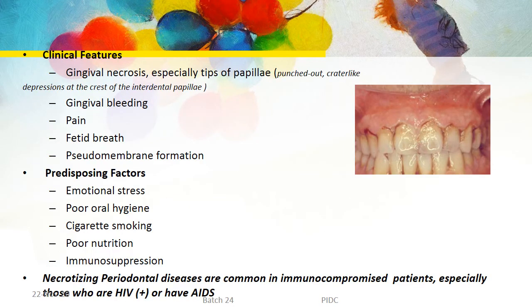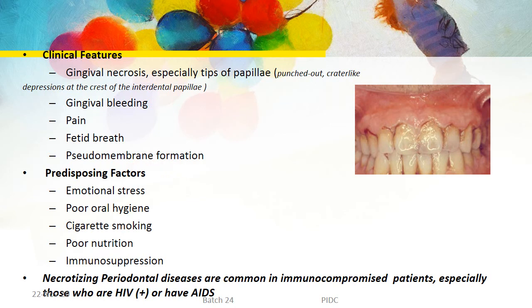Clinically, you could see gingival necrosis taking place at the tips of the interdental papillae, again to reiterate, as punched-out, crater-like depressions at the crest of the interdental papillae. There could be gingival bleeding, pain, and fetid breath, along with pseudomembrane formation.